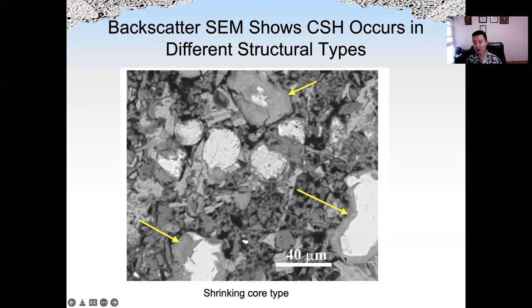And on the surface of this unhydrated cement, this is CSH. Remember the three words: dissolve, diffuse, and precipitate. So CSH precipitates on the surface of the unhydrated cement. Okay. And the core of the unhydrated cement is shrinking. So we call the first type shrinking core type.